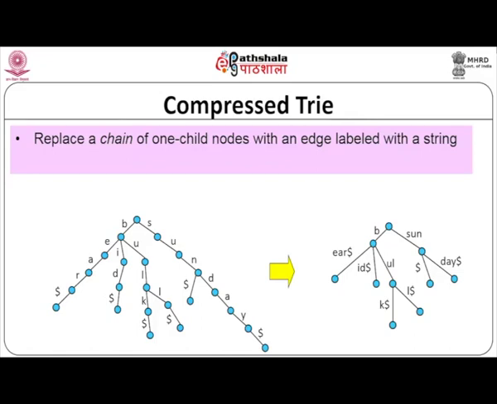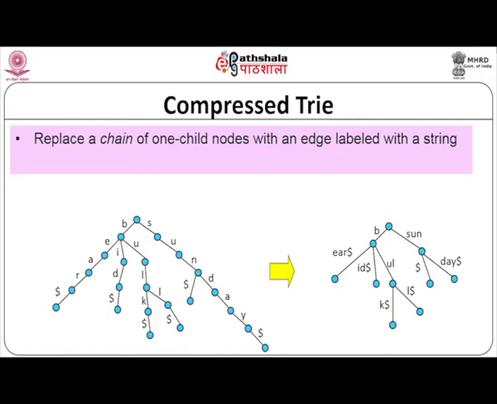Similarly in BID dollar, after B, the ID dollar can be stored together. In BULL and BULK, up to BUL remains as it is, but K dollar and L dollar can be stored together. The SUN dollar remains; SUN can be common because all of them are one-child, but after that there is a difference. So this is a compressed representation of a trie.